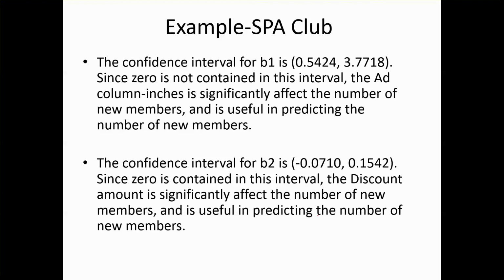If you go back and compare this conclusion, you will find that the confidence interval for the partial coefficient gives the same conclusion as the hypothesis testing. Both approaches reach the conclusion that the size of the advertisement will significantly affect the number of new members. However, the discount amount will not significantly affect the number of new customers.